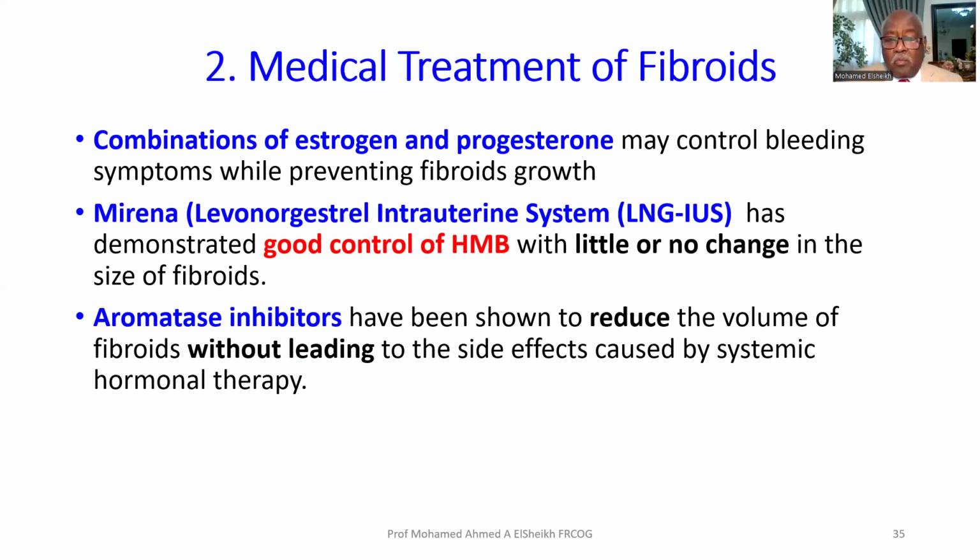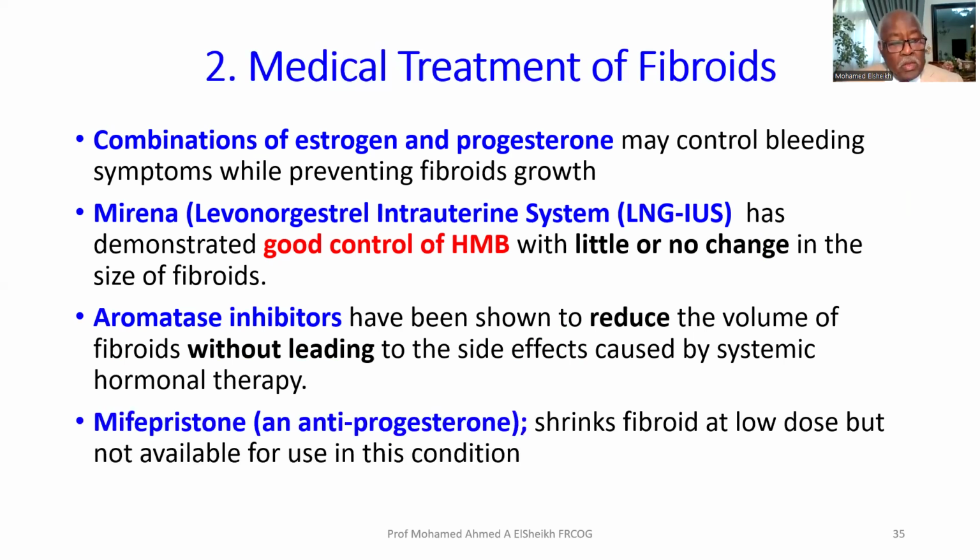Aromatase inhibitors have been shown to reduce the volume of the fibroids without leading to the side effects caused by systemic hormonal therapy. Mifepristone, an antiprogesterone, shrinks fibroids at a low dose, but is not licensed for use in this condition. We use it in other parts of our gynecology.